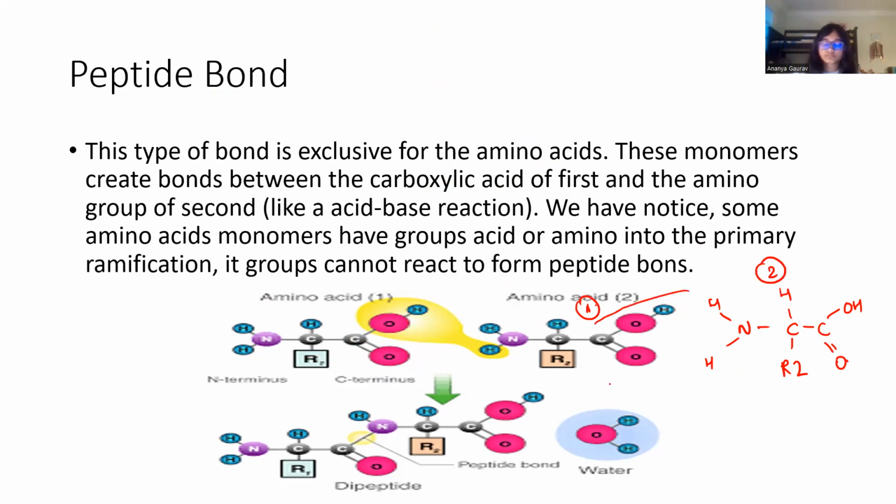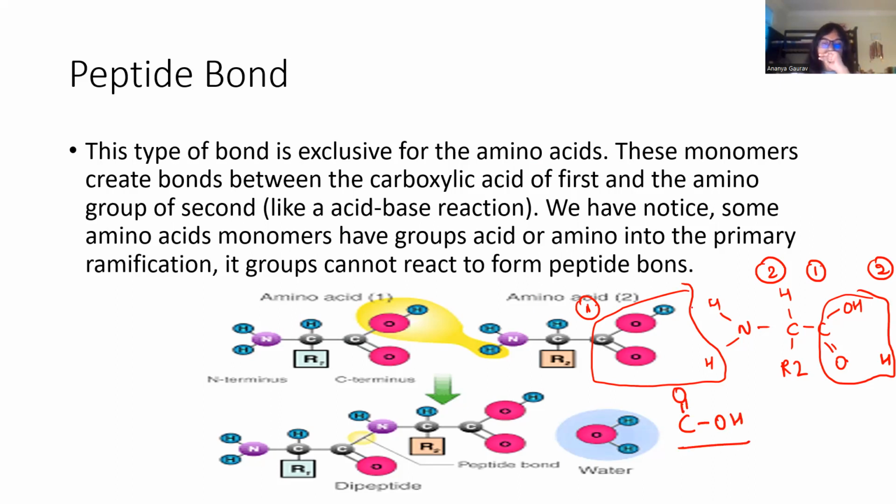Now this carboxylic group will make a bond with another amino acid. Then this one will act as the first and another one will act as the second. Then this second amino acid will make a bond with another amino acid. Clear? So C double bond O, OH is our carboxylic group.